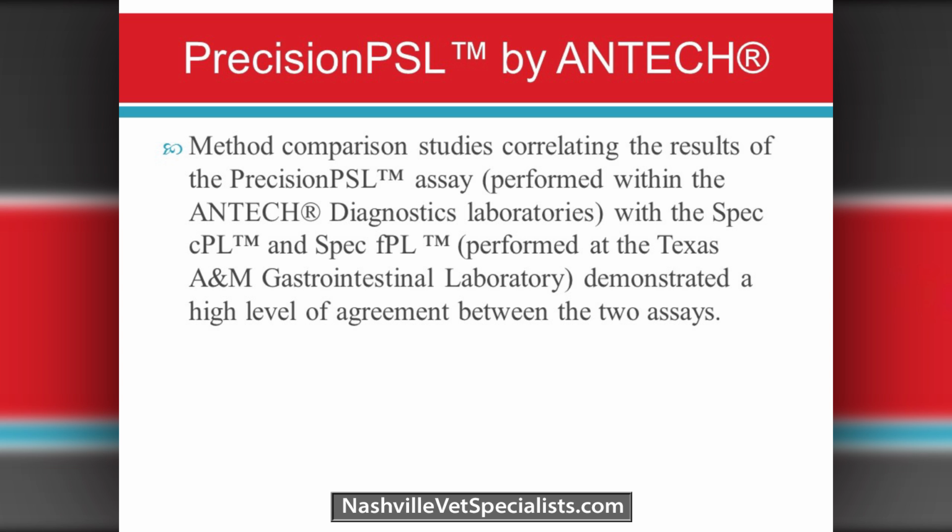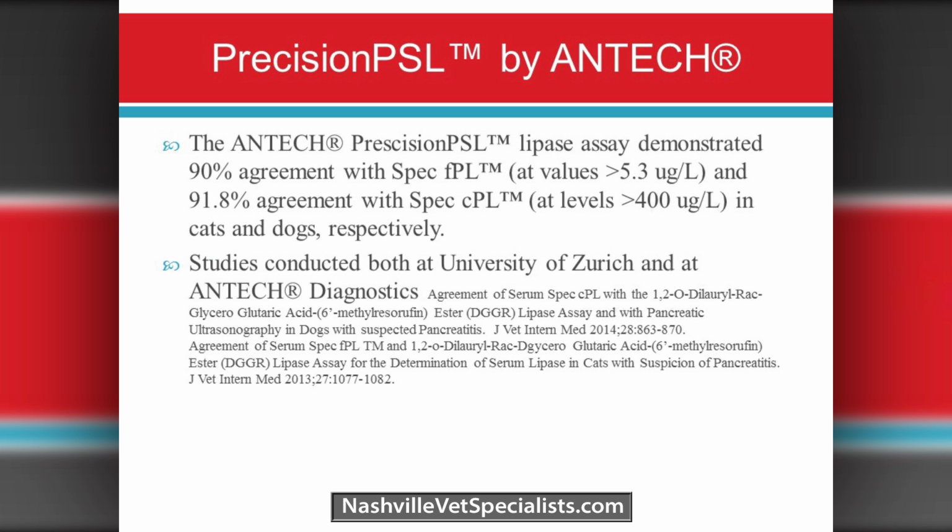And they demonstrated pretty good correlation, a really strong agreement. But again, this population had to be a little bit more significant. Values greater than 5.3 had a really strong correlation for the cat, with 91% agreement if SPEC cPLs were greater than 400.